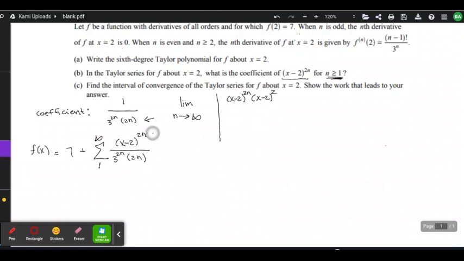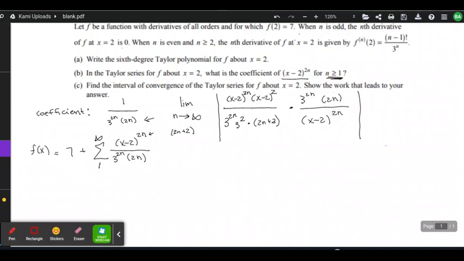Remember, when we add this plus 1 to the n, we're going to get 2n plus 2, over 3 to the 2n times 3 to the second. Remember, it's not 3 to the first power. And then times 2n plus 2, because that n is multiplied by 2. Then we're going to divide by the original general form, which means the reciprocal: 3 to the 2nth times 2n over x minus 2 to the 2nth power.